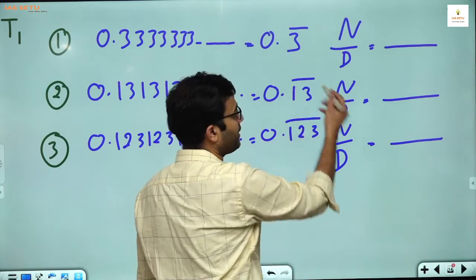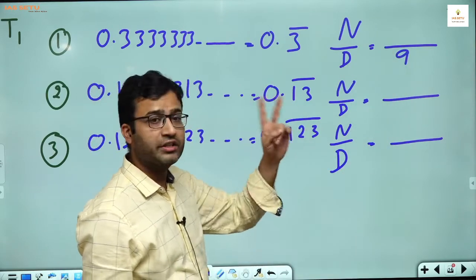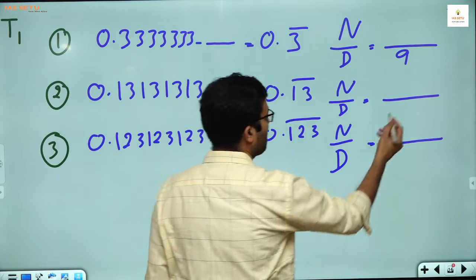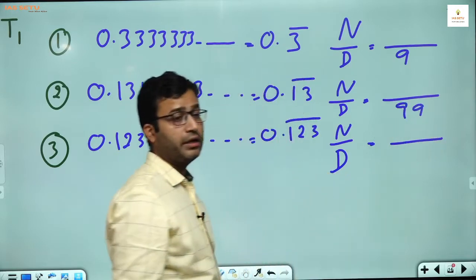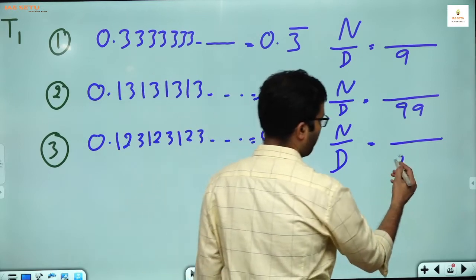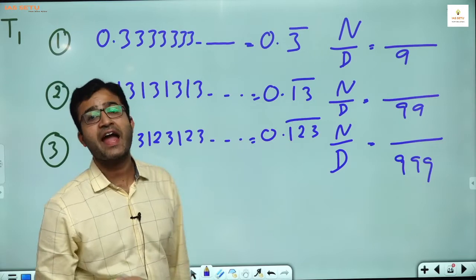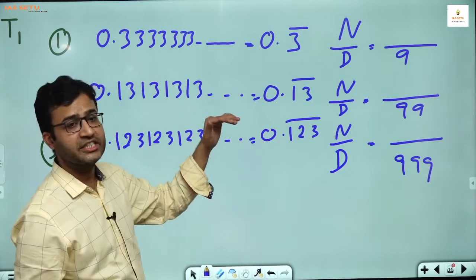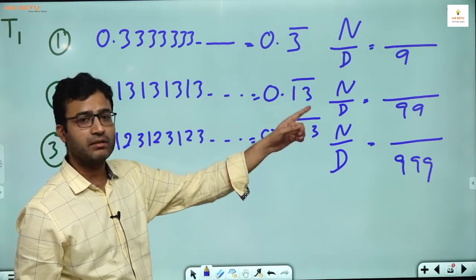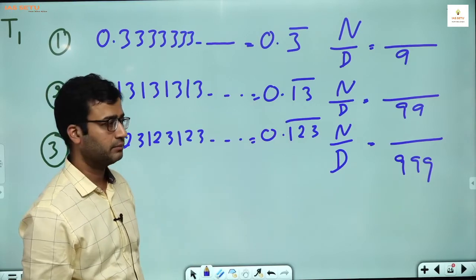There is 1 digit under the bar, so one 9. In the second question there are 2 digits under the bar, so double 9. In the third question there are 3 digits under the bar, so triple 9. If there is 1 digit under the bar, one 9; 2 digits, two 9s; 3 digits, three 9s; if it is 4 digits, four 9s.